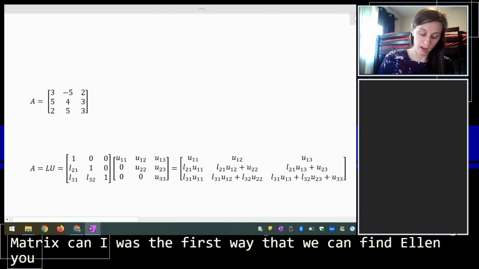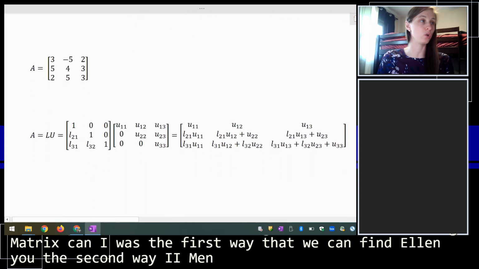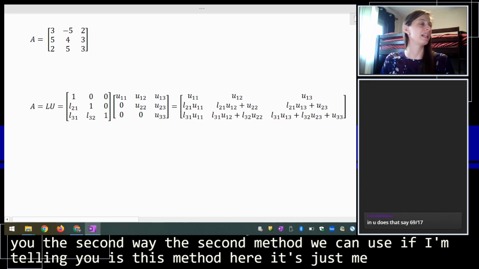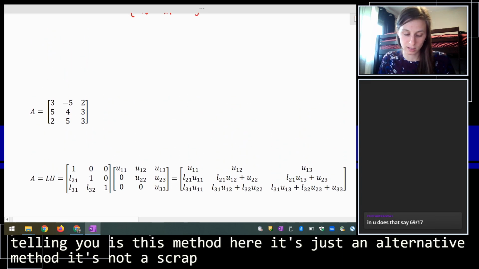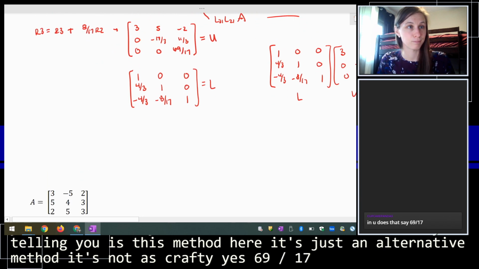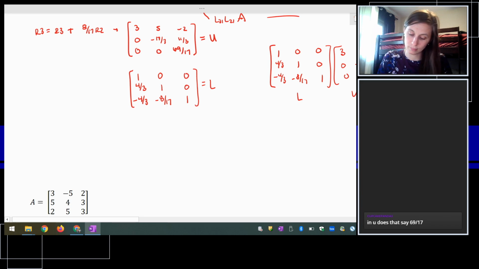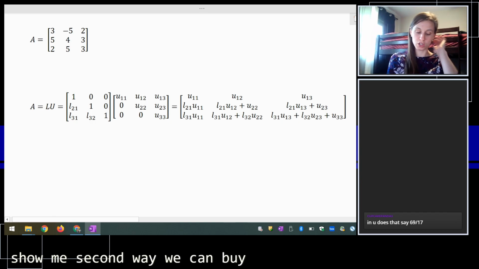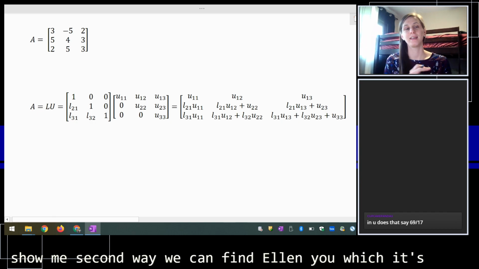The second method we can use to find L and U is this method here. It's just an alternative method. It's not as crafty. It's fine.